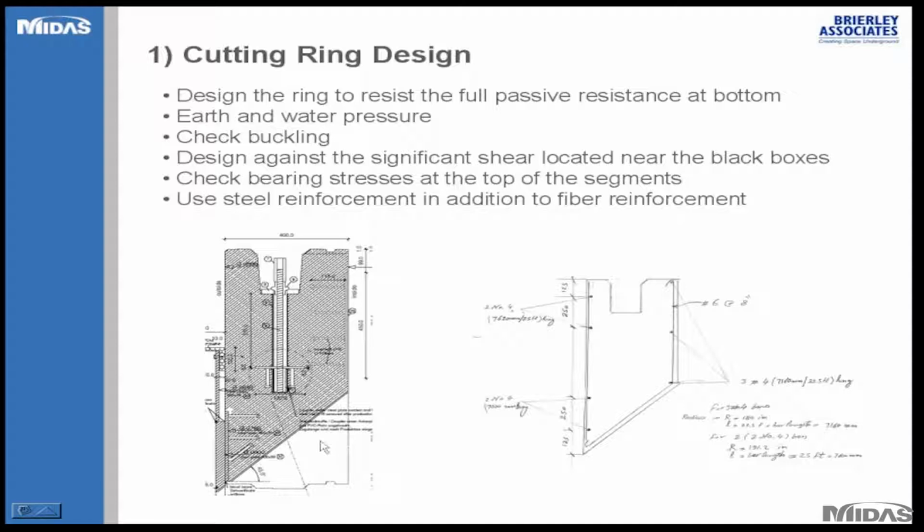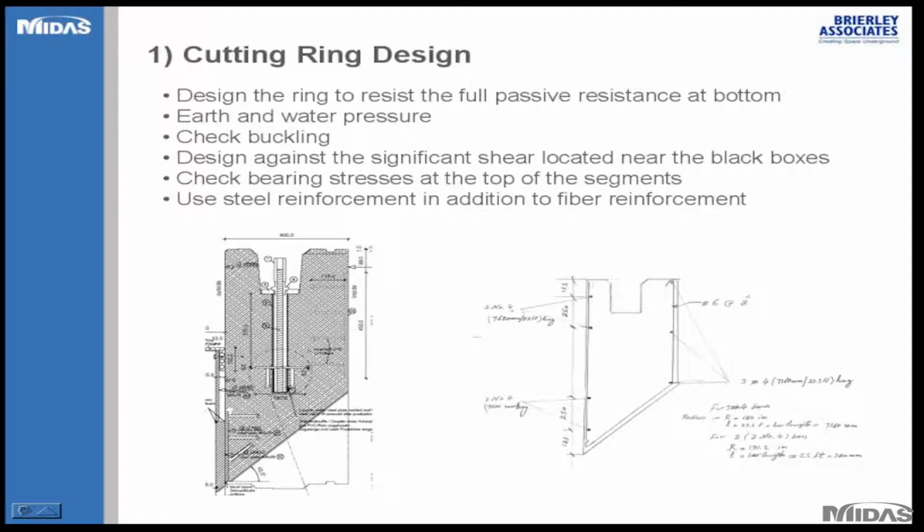First of all, when you design this, you need to consider the full passive resistance, so you can develop the helical passive wedge, and you start analyzing the forces which come perpendicular to this side here, and you can come up with some reinforcement to resist the moment and shear at this plane.